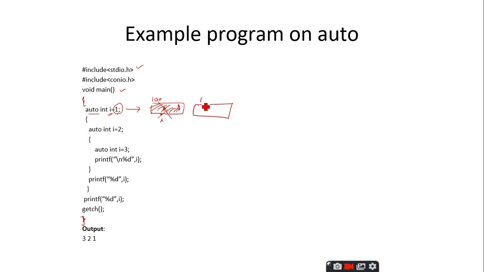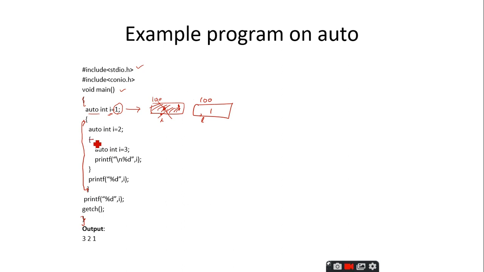Let me draw it like this: 1. Now after this, I have used one curly brace. That means I am specifying another new block here, from this opening curly brace to the closing curly brace.